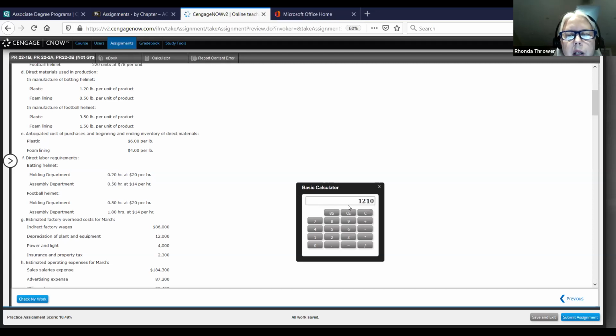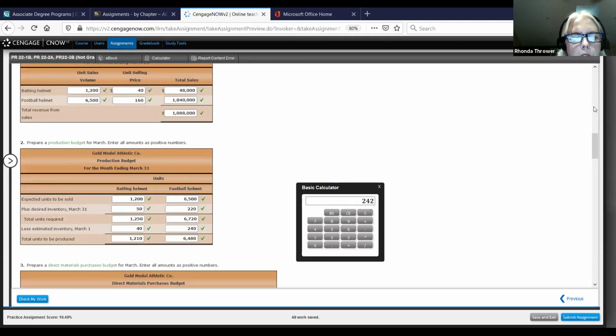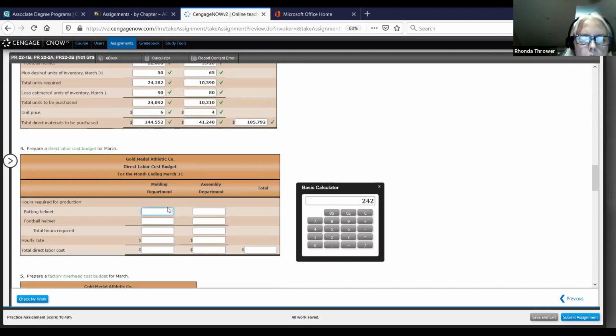So I've got to multiply the number of batting helmets times 20% of an hour. And what that's going to give me is the total amount of hours that are spent producing the batting helmets in the molding department. So this 242 is going to be entered into the first block. For the batting helmets, the hours required for production is 242 hours.